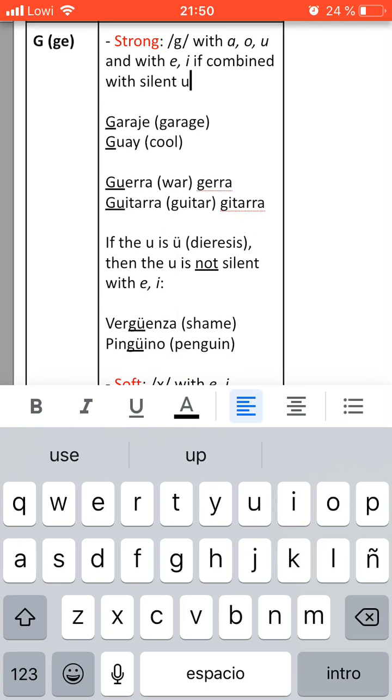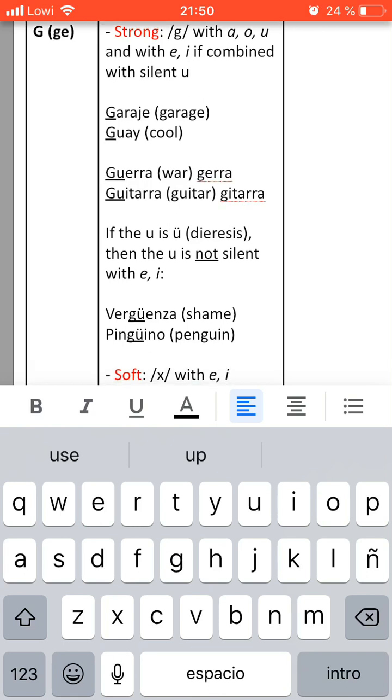If we want to pronounce the U in the middle, we have to add the diaeresis, which are two spots over the U, and with this we will make the U sound.